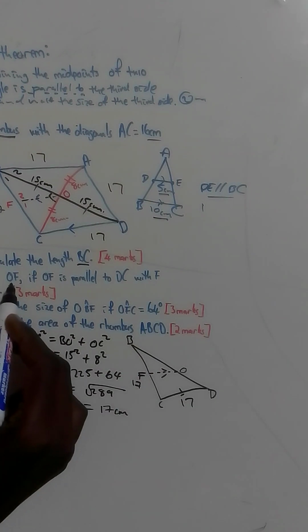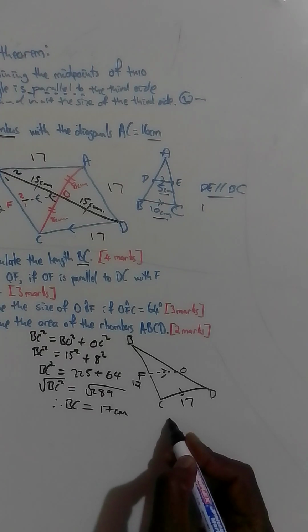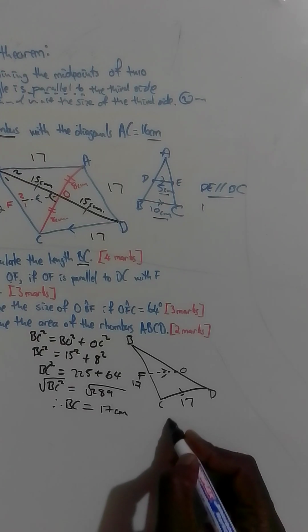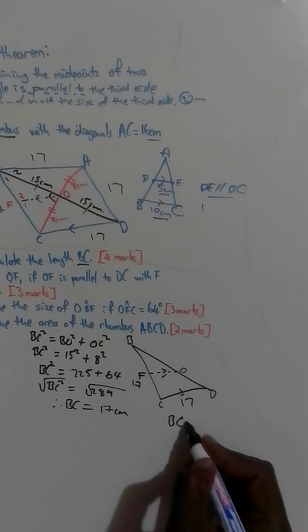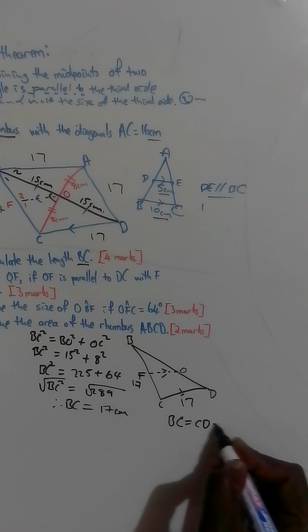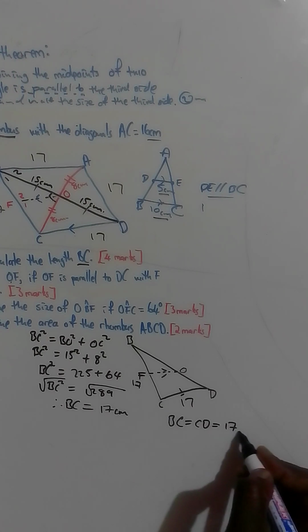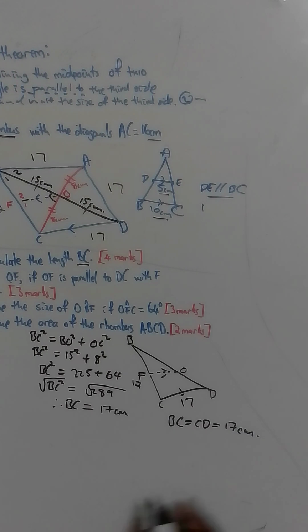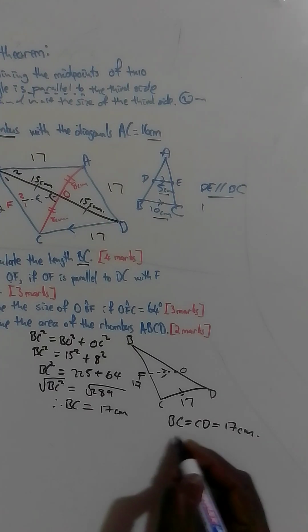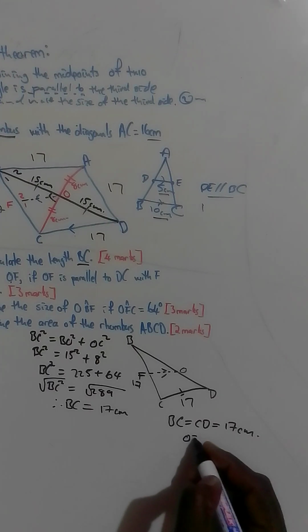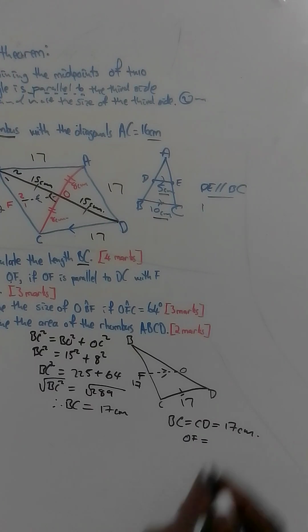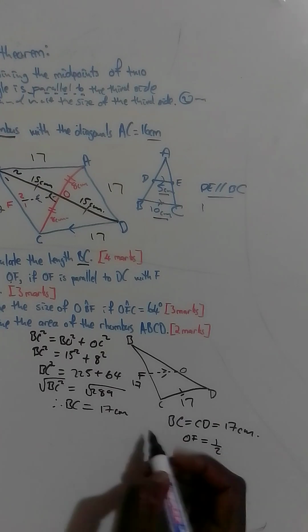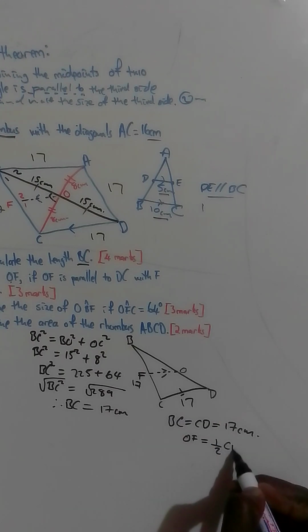So in order for me to find line OF, I'm now going to say that BC is equal to CD, which is equal to 17 centimeters. And OF is equal to half of line CD.